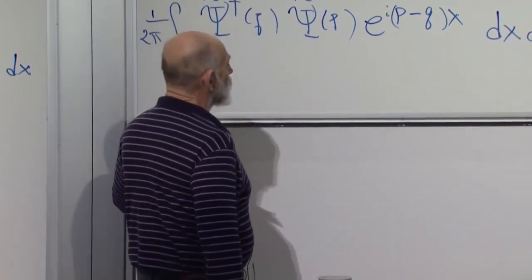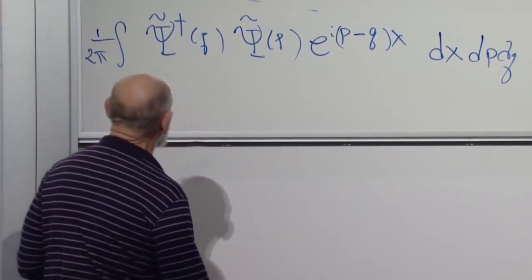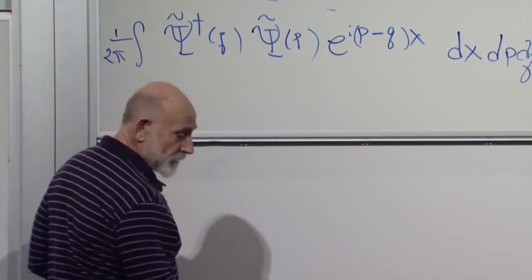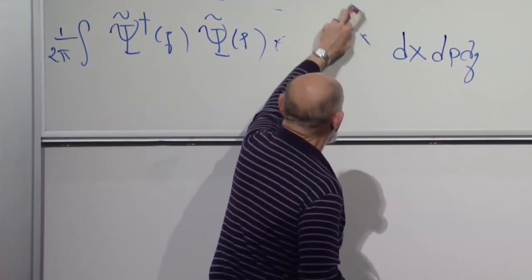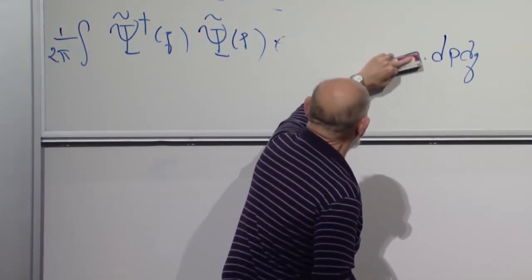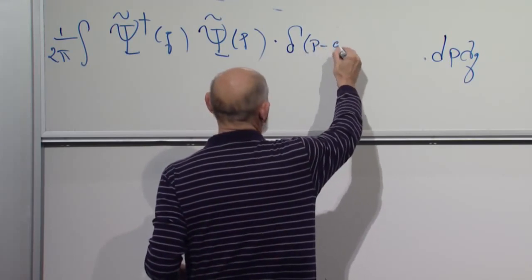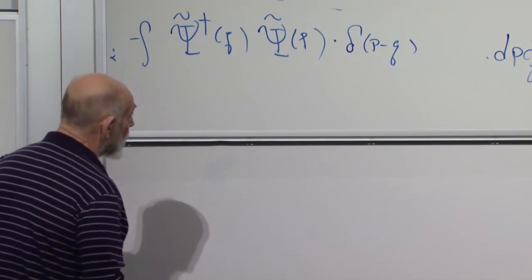Obviously, this is proportional to the Dirac delta function, and with the 2 pi there, it is the Dirac delta function. So we can erase the e to the i(p minus q) x, erase the integral dx, and just write that this is delta of p minus q. And we also get rid of the 1 over 2 pi.